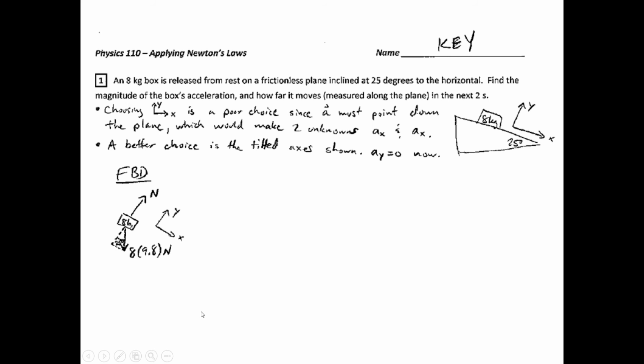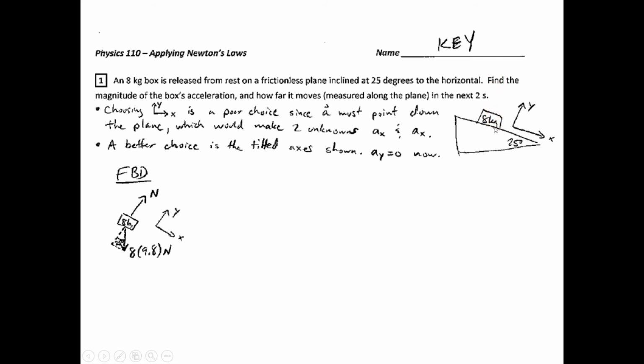So what that means for this plane is that if this plane is frictionless, the plane is incapable of pushing with a force on the box that's along the direction of the plane. If it were pushing on the box along the direction of the plane, it would be acting like friction. And so in this case, if there's no friction, the only way that the plane can push on the box is in the direction perpendicular to the plane.